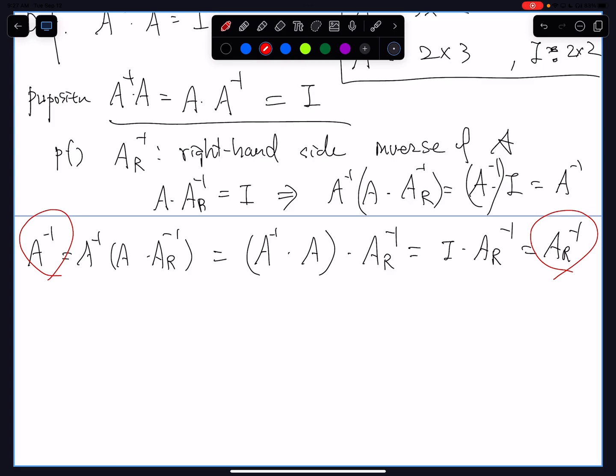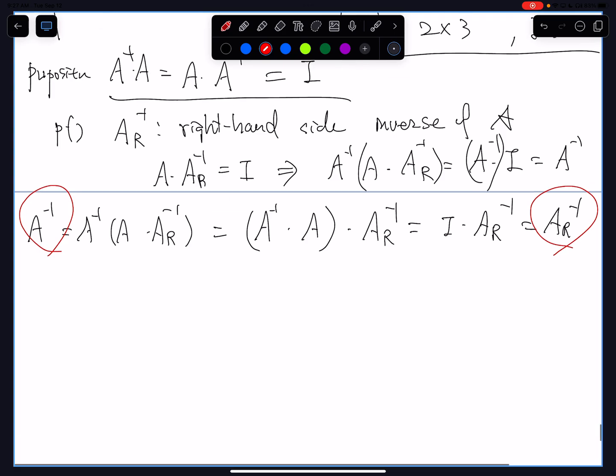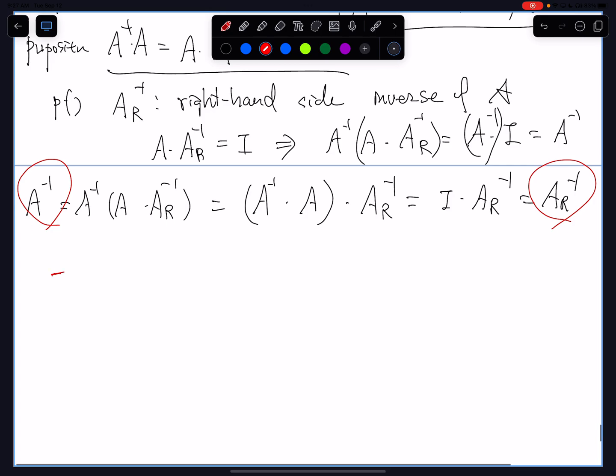All right. So that's the property we know of. And we know a few more properties, like equation 4.13, the inverse of A inverse is A. So this is again easy to prove.